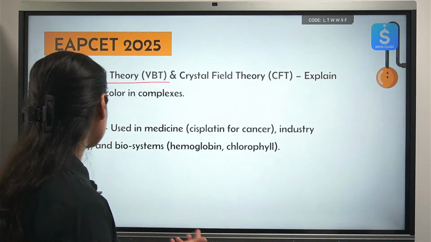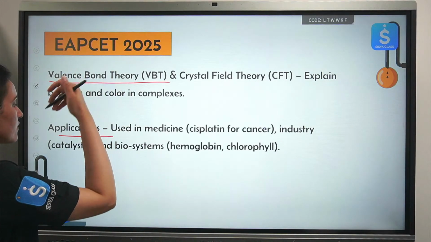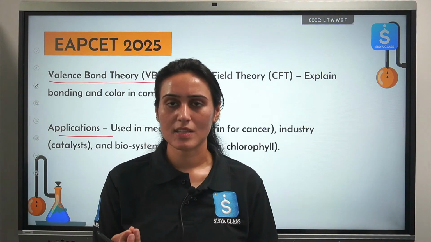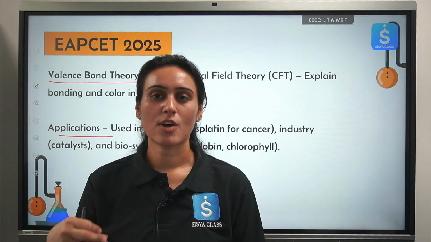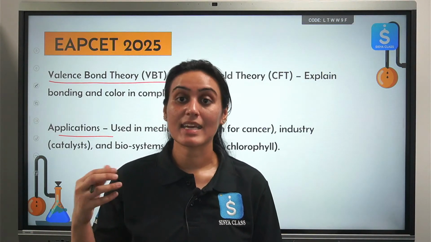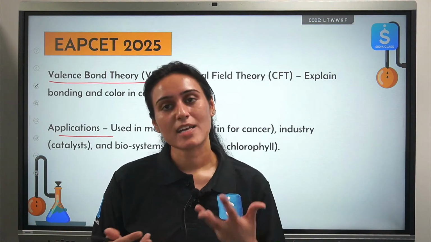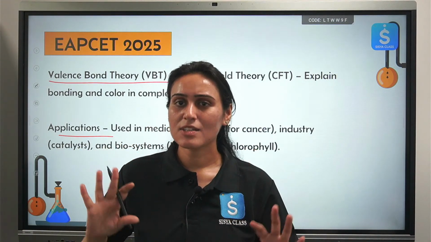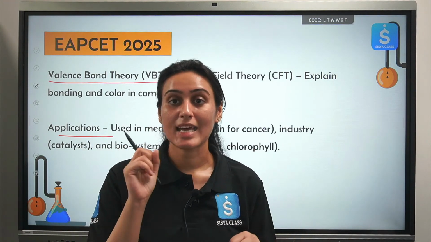Okay, then what are the applications of your coordination compounds? They can ask you certain questions based on that also, like which of the following complex compounds is used to treat cancer, cisplatin. They will ask you the structure of that compound, they will ask you the formula of that compound. So try to remember some important compounds and their applications.